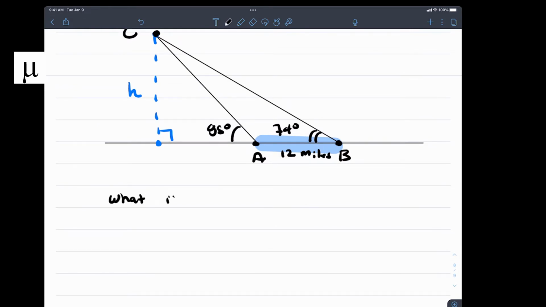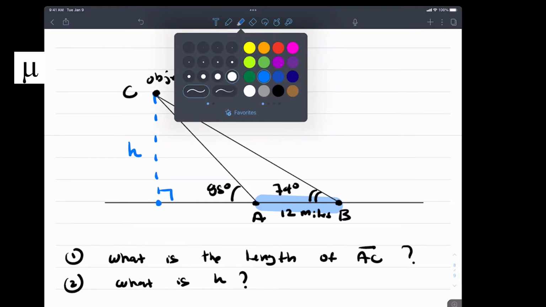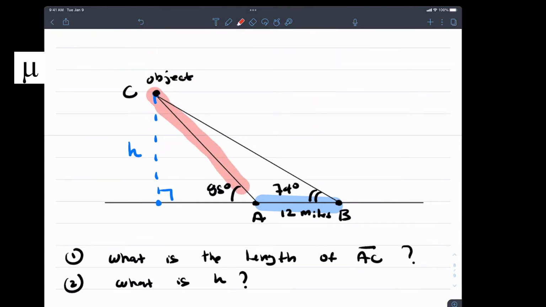What is the length of AC? Question 1. Question 2. What is H? Okay, so what they're asking me now is they want me to find this length, from A to C, and then they want me to find this length, a horizontal distance, H.